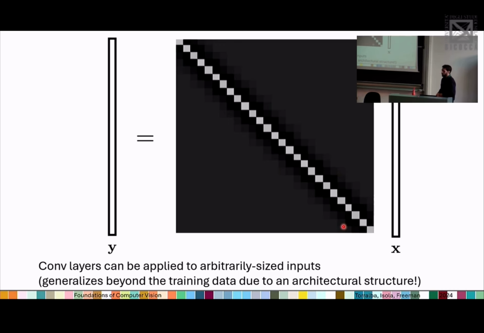By the way, convolutional layers can be applied to inputs of an arbitrary size, while previously the number of neurons constrained the number of inputs that you had. And so it generalizes automatically due to its architecture.